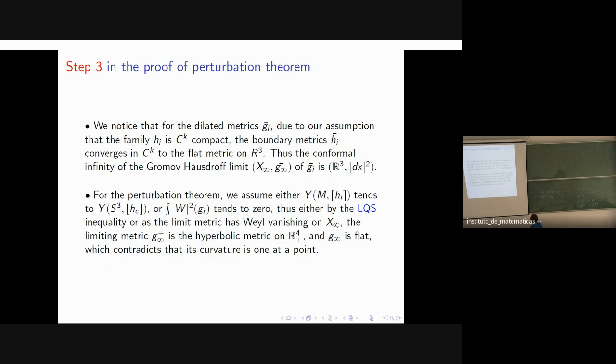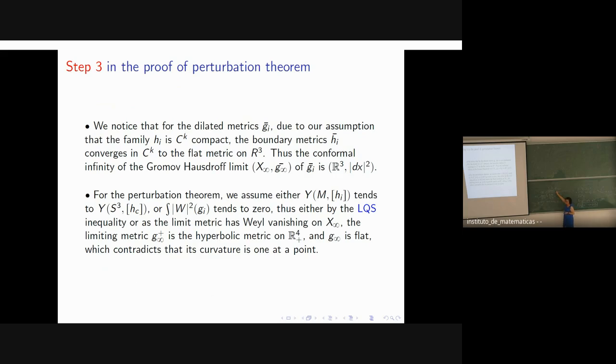Okay, so the first thing is that if this GI has a boundary HI that is compact, that's our assumption. Then if you take its scaled metric, then its scaled boundary metric has curvature tending to 0 rapidly.